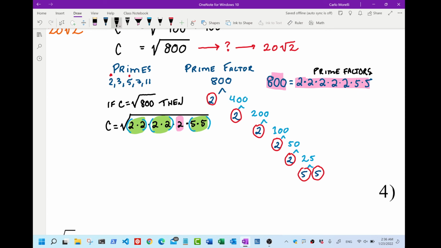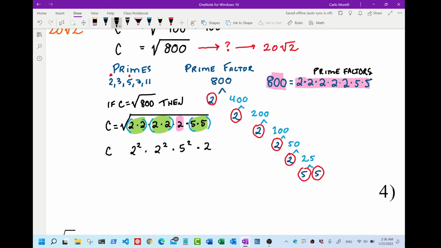So 2 times 2 is the same thing as 2 squared. Okay, 2 squared times 2 squared. And then you've got that 2 all by itself, but I'm going to just reorder these two. I'm going to flip the location of these two here and say 5 squared times 2.